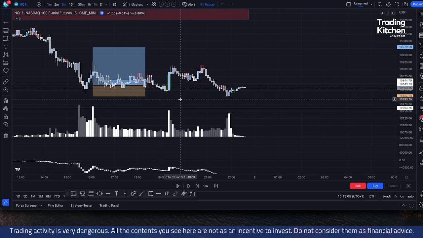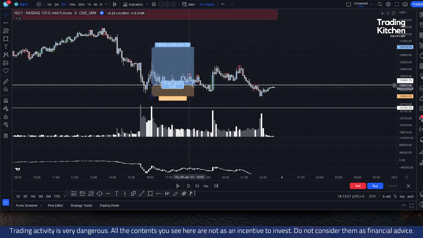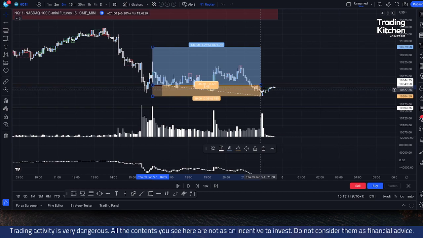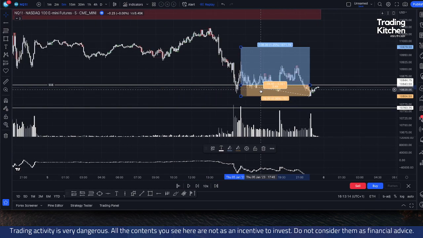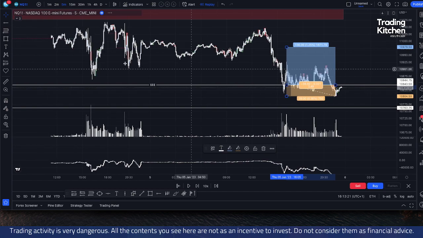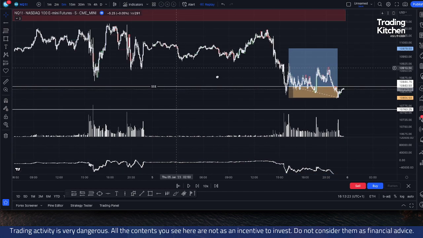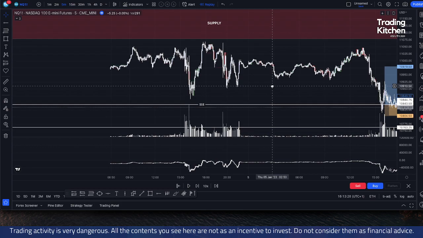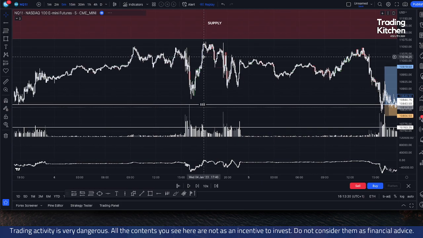Okay, so we get the stop loss. We get the first stop loss, and it's enough because the trading day is finished, so we finish with one stop loss. Are there any other trades that we could have taken during the day?